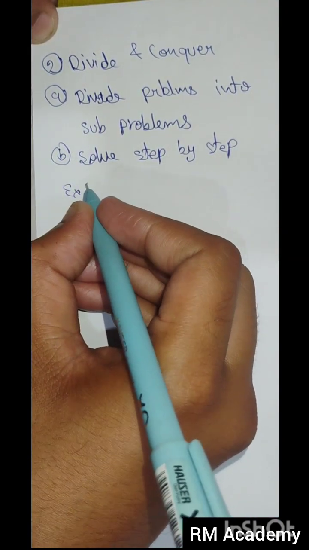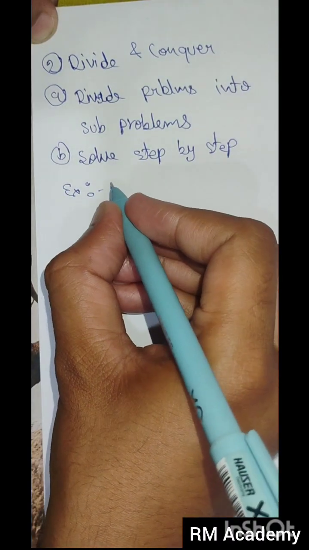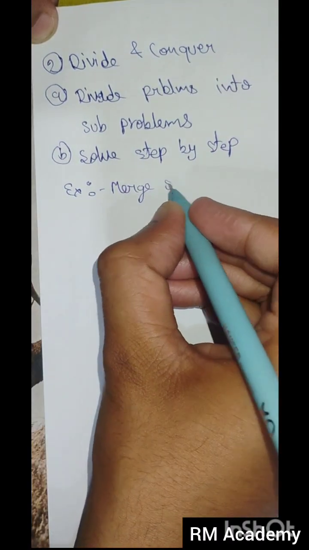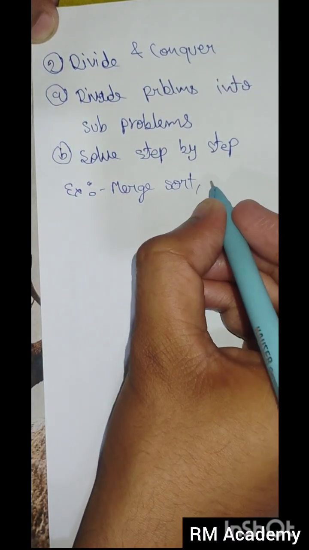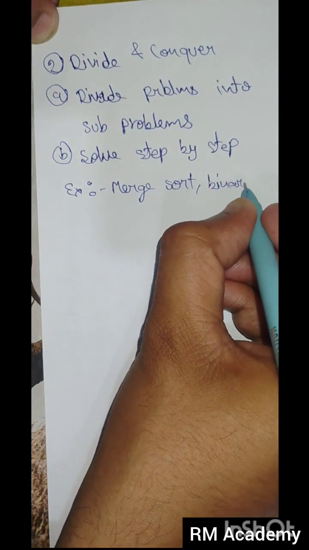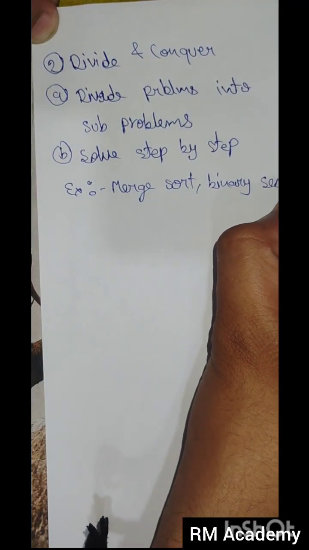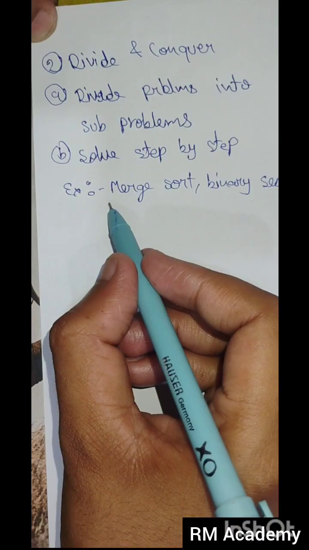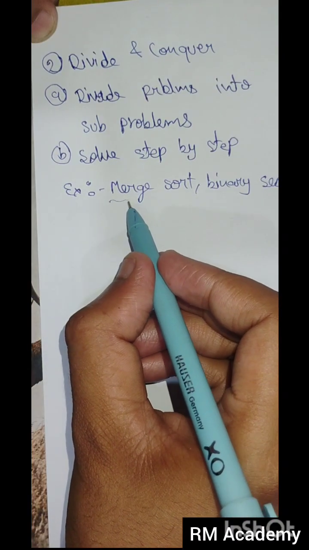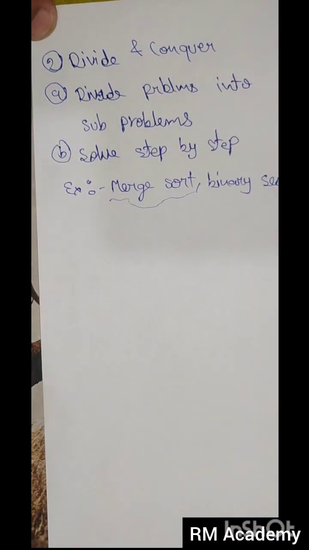For example, merge sort and binary search. We'll discuss in depth in our next videos.